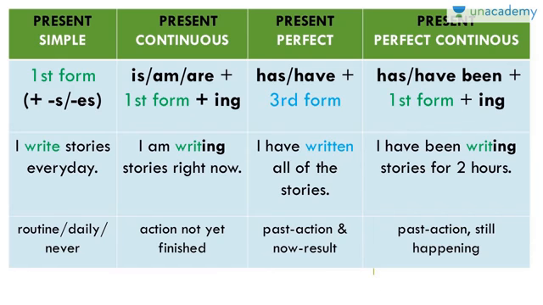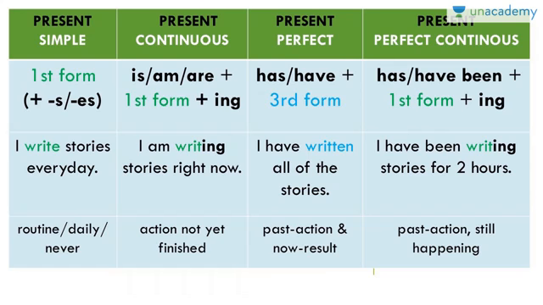Then you have the present perfect continuous tense. This tense is actually just a combination of these two. So if you'll see the format and you'll compare it with these two, you'll see that the first form of verb and the ing part comes from the present continuous tense. And you're borrowing the has or have format from the present perfect tense.